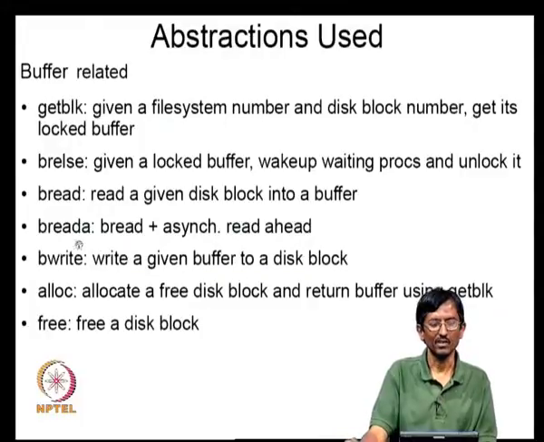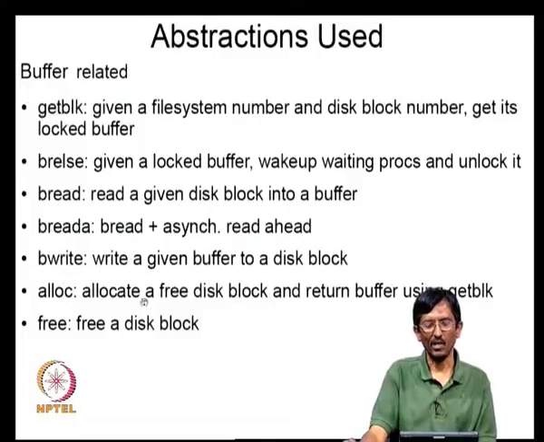Okay. So again, write a given buffer to disk block basically allocates a free disk block and returns the buffer using get block. Basically, you have to allocate a free disk block here, and only then can you do a get block on it. So this is a higher level routine which uses get block.